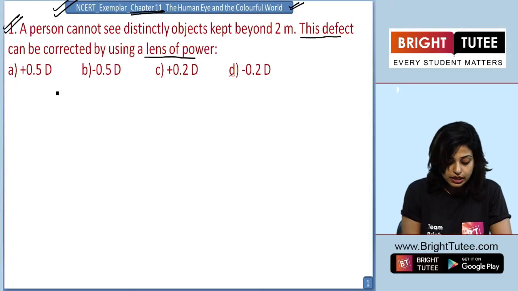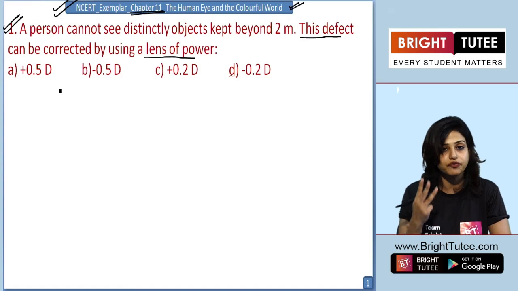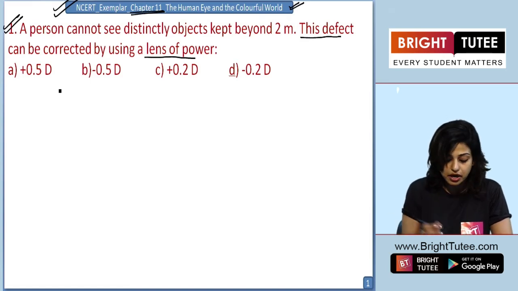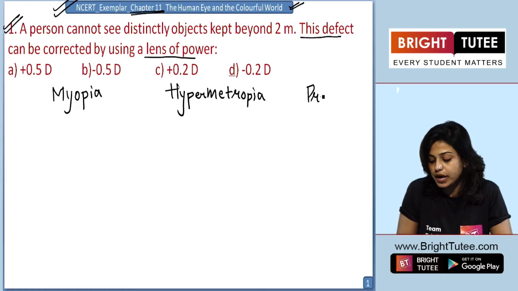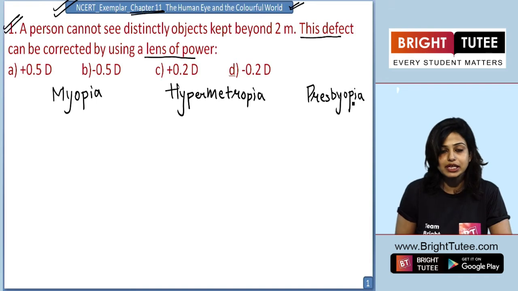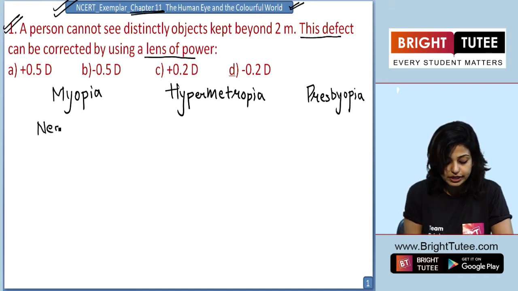Now students, there are three kinds of defects that you must have studied. Number 1 is myopia. Number 2 is hypermetropia. And number 3 is presbyopia. Right students? Now out of all these, we know this is called nearsightedness.